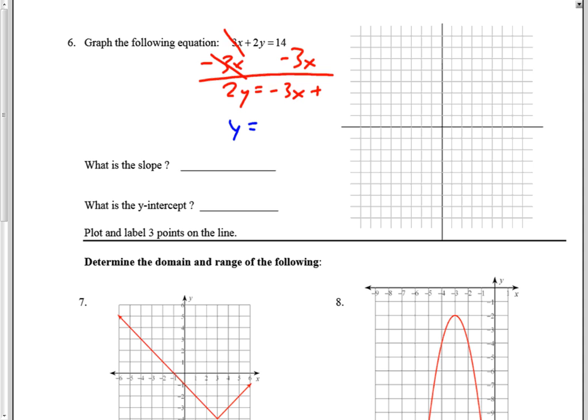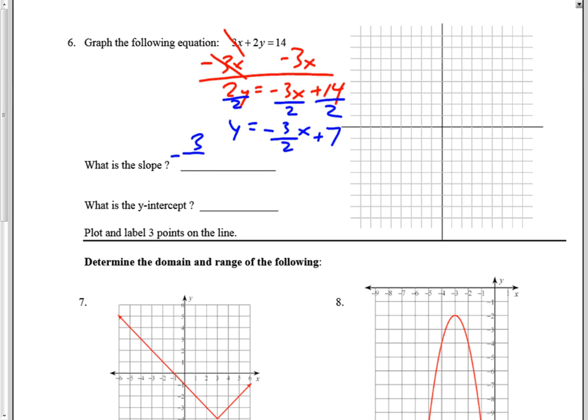Right, so you have 2y. Okay, now you divide everything by 2. Everything by 2. Okay. Don't write down decimals. Keep it as a fraction. This turns out to be plus 7. Now it's just like all the rest of the problems.